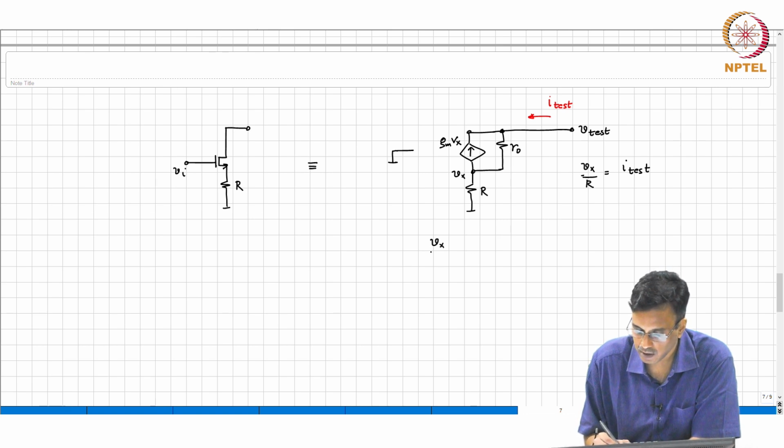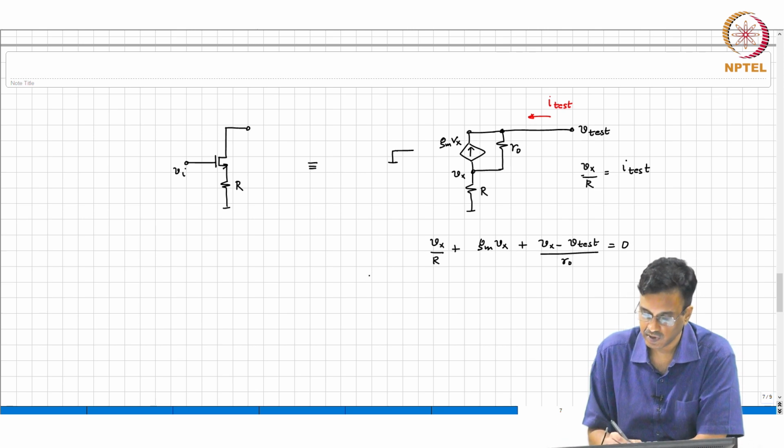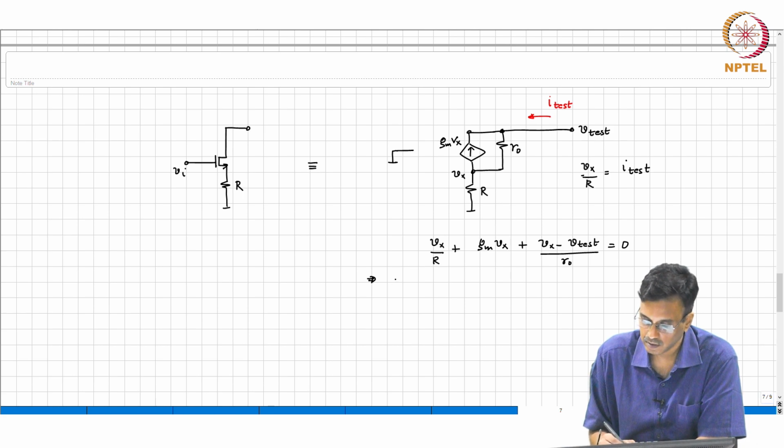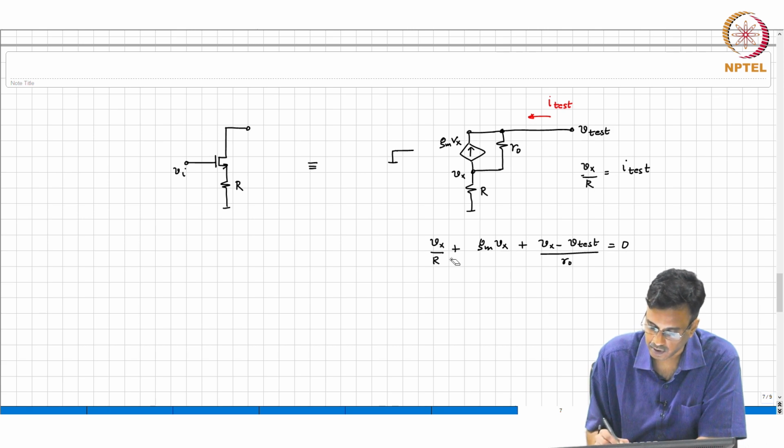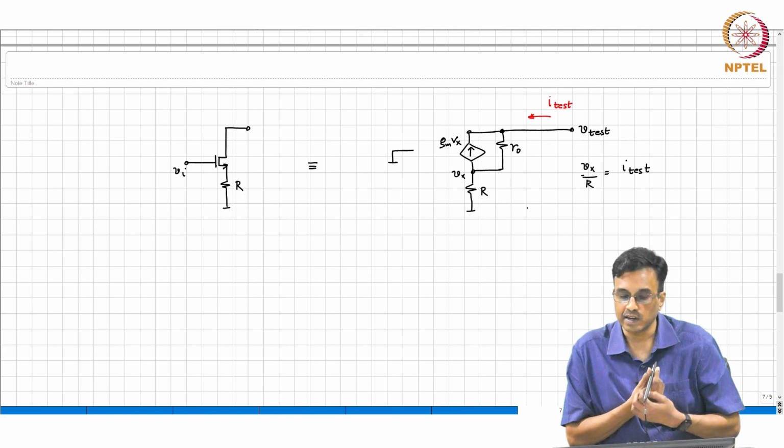So, Vx by R plus Gm Vx plus Vx minus V test by R naught equals 0, which means that... actually hold on, this is certainly something to do, but I also like to illustrate a point here.